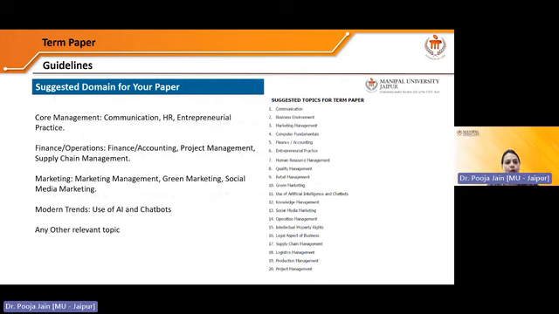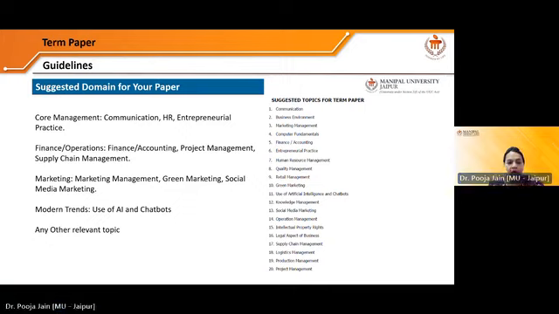Okay. Now come to the main slide. You will have to find a topic from the suggested domains or areas, right? The core management area includes topics like communication, HR, and entrepreneurial practices.